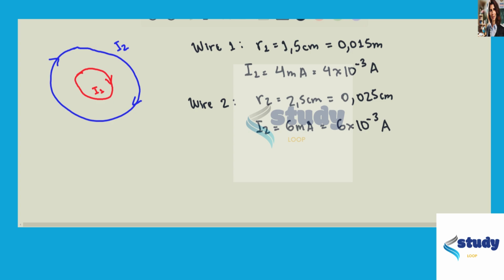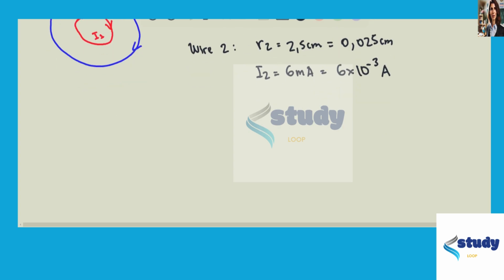So that expression for a circular loop that is carrying a current is, of course, going to be of this form, where I is the magnitude of the current, and R is the radius of the circular loop.